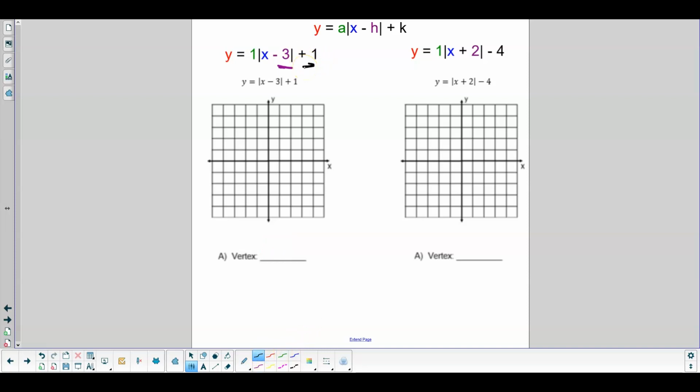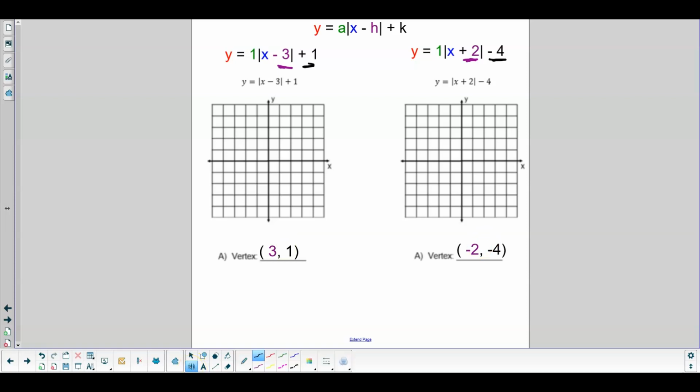And then keep the sign of the number on the right. So again, opposite of this number inside the absolute value bars, and the one on the right, keep the sign. So your two vertices are those two. And then we just find those on the graph.